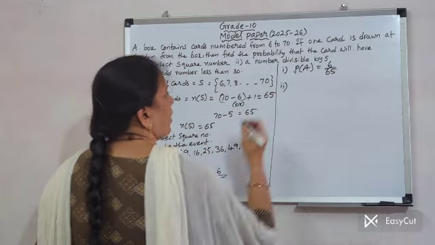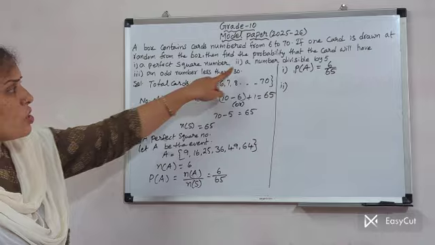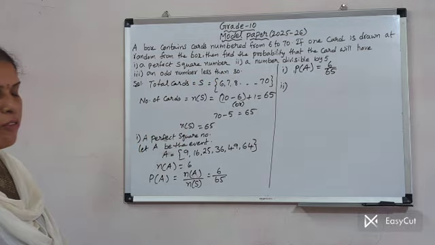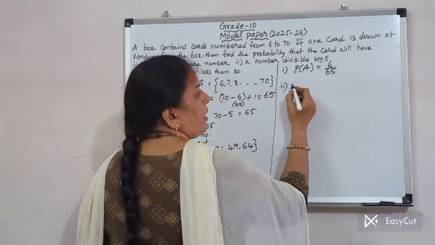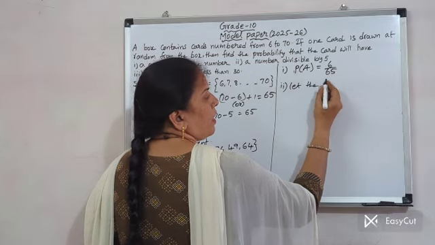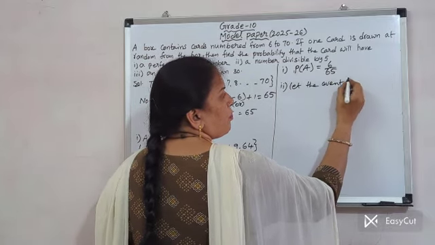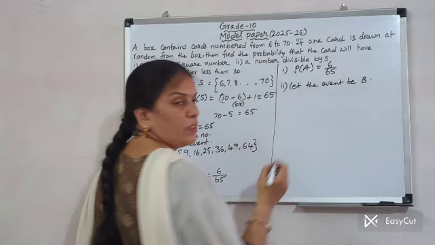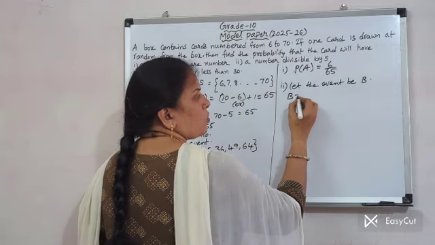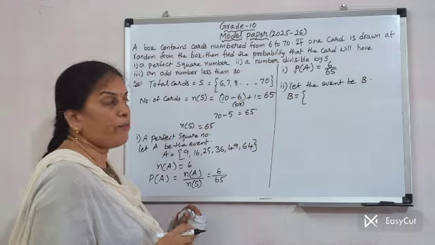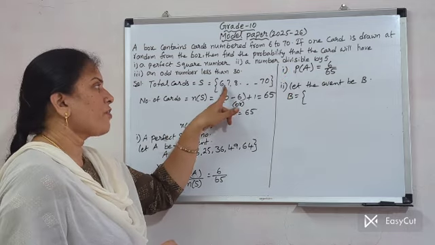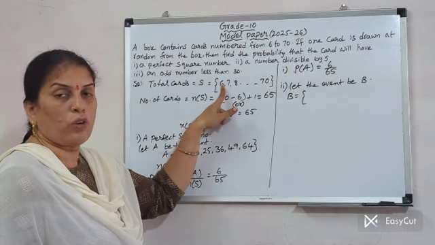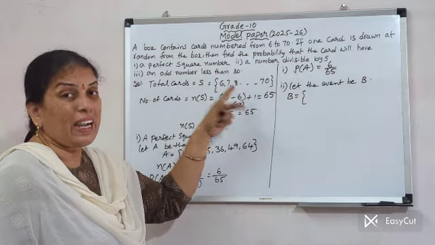What is the second one? Second question, a number divisible by 5. You must find out the numbers divisible by 5. Before that, let the event be capital B. So B is equal to the numbers divisible by 5, from 6 to 70. 7, 8, 9 won't be divisible; 10 will be.